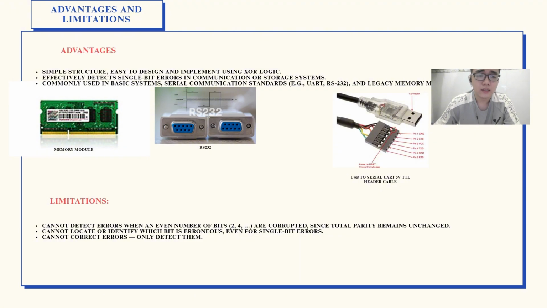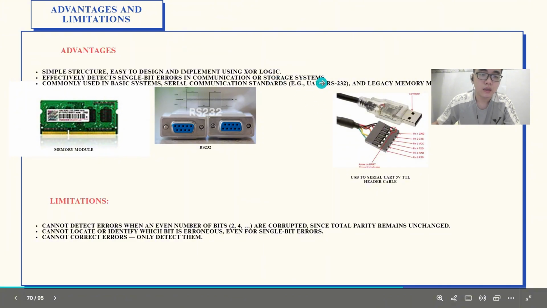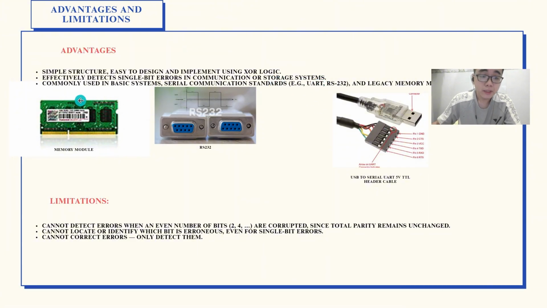Second, single-bit error detection. It effectively detects single-bit errors that may occur during data transmission or storage, ensuring a basic level of reliability for digital systems. Number three, the wide applicability.